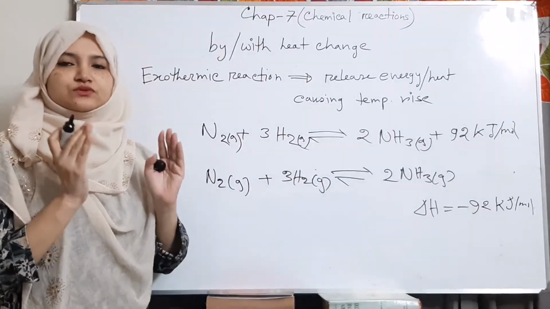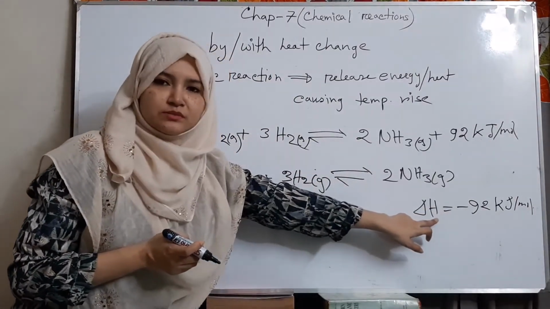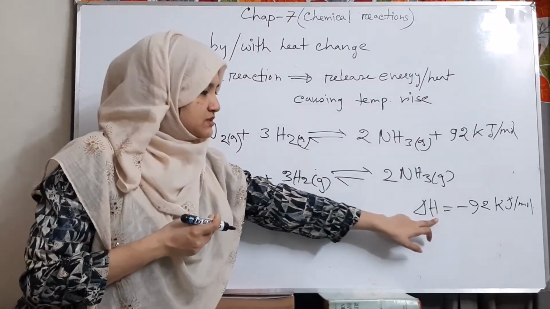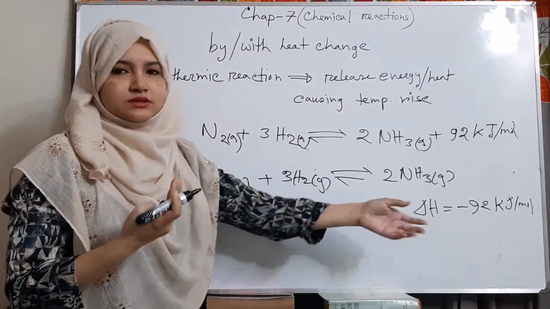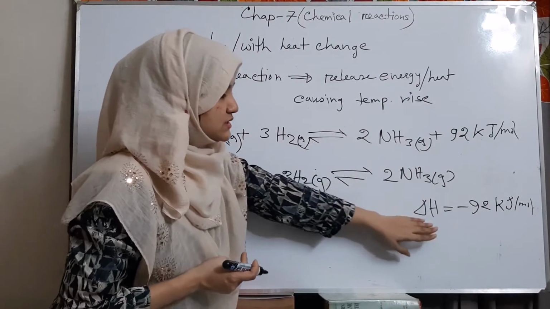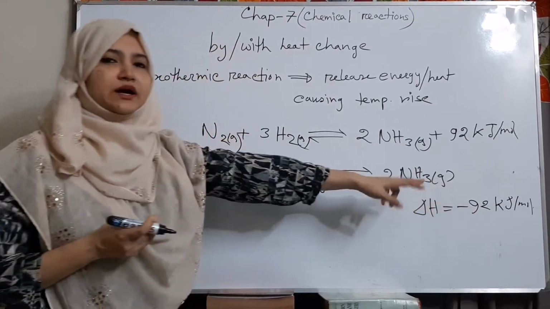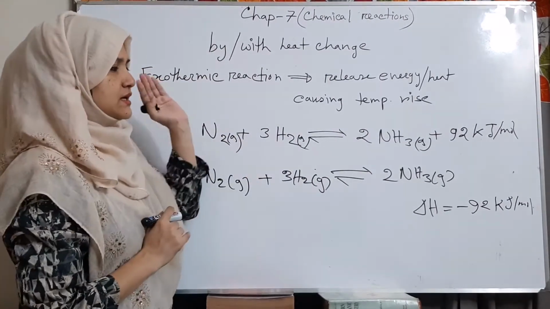H represents heat and del represents difference or change. That means for this reaction the heat change value is minus 92 kilojoule per mole.